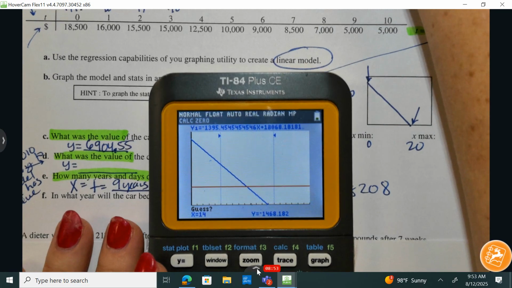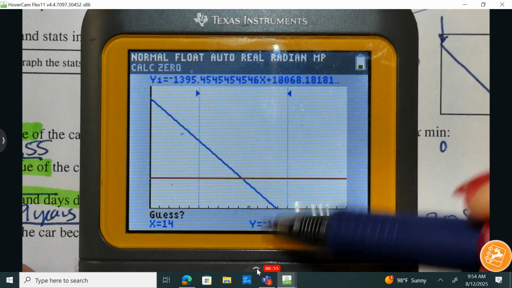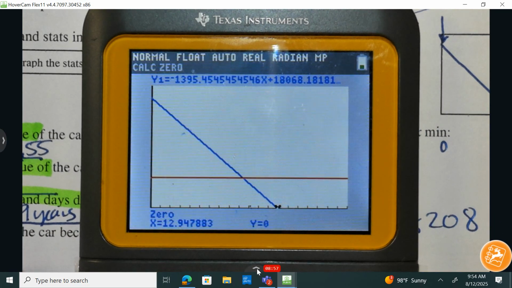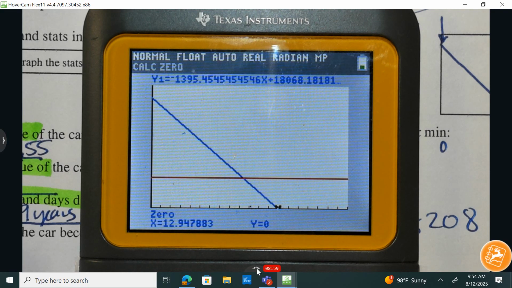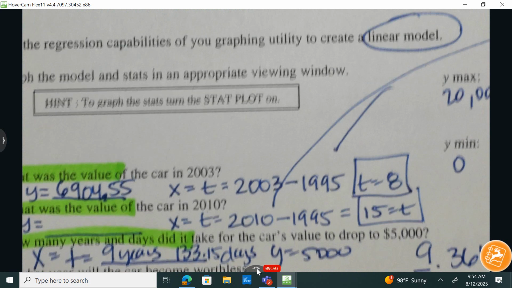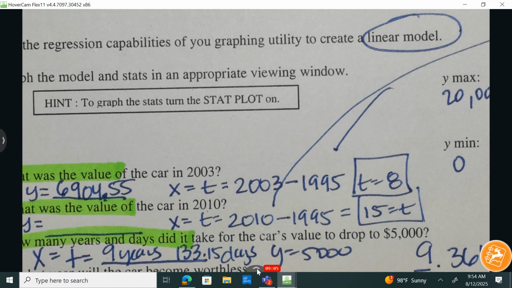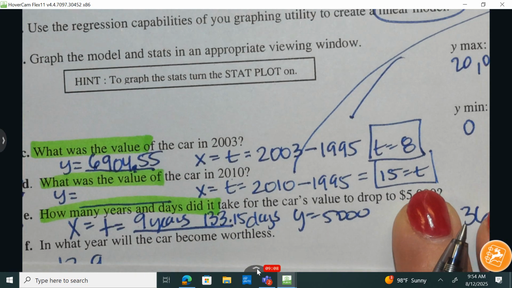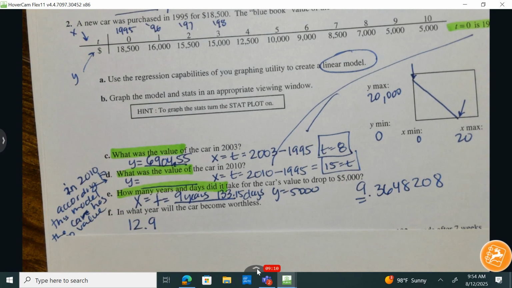And you're like, what is she talking about? Those lines have to be to the left and to the right of that 0. I press enter. Here's my answer. In what year? This would be wrong. This is not a year. It's a number of years. It doesn't say how many years. It says in what year. The car was brand new in 1995.